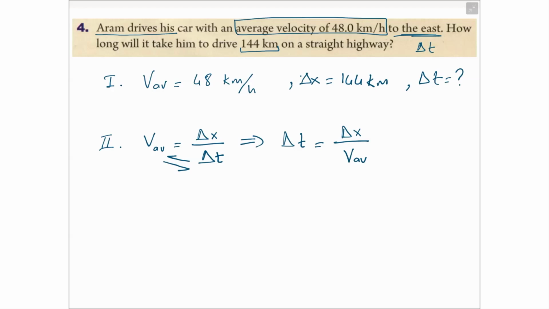So I will not convert anything. I will do in the third step only substitution. Delta t equals delta x over v average, 144 over 48. So it's going to be 3 hours.